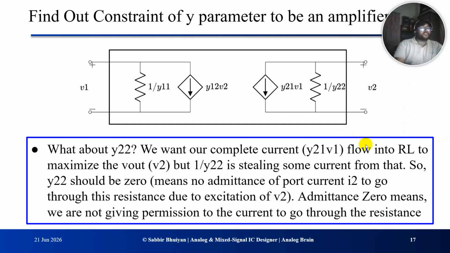But the output port's own admittance, represented as Y22, is a parallel path that steals some of the current away from the load. So the constraint is Y22 is 0. Zero admittance at the output port means it offers no alternative path for current. Everything Y21 V1 produces is forced through RL. Admittance 0 literally means we are not giving the current permission to flow through that internal resistance. It has nowhere to go but the load.